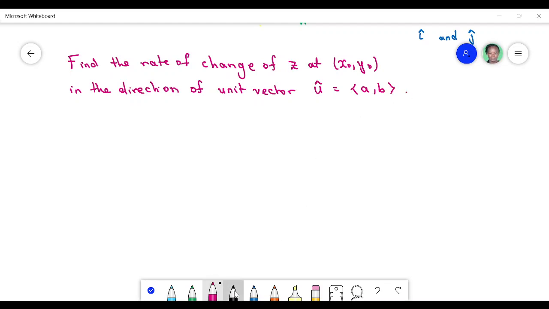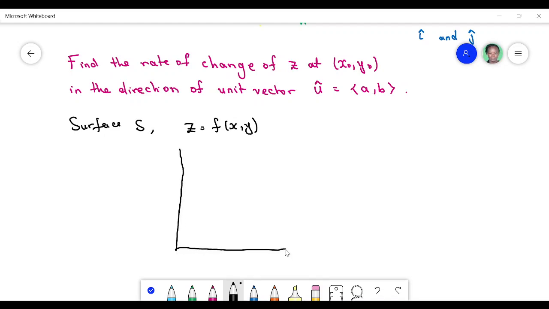To do this, we consider a surface. So let's say I have a surface S. With this surface, you have the equation, this is your function. So now let's sketch it. I have a point, let's say this is my point x naught, y naught.